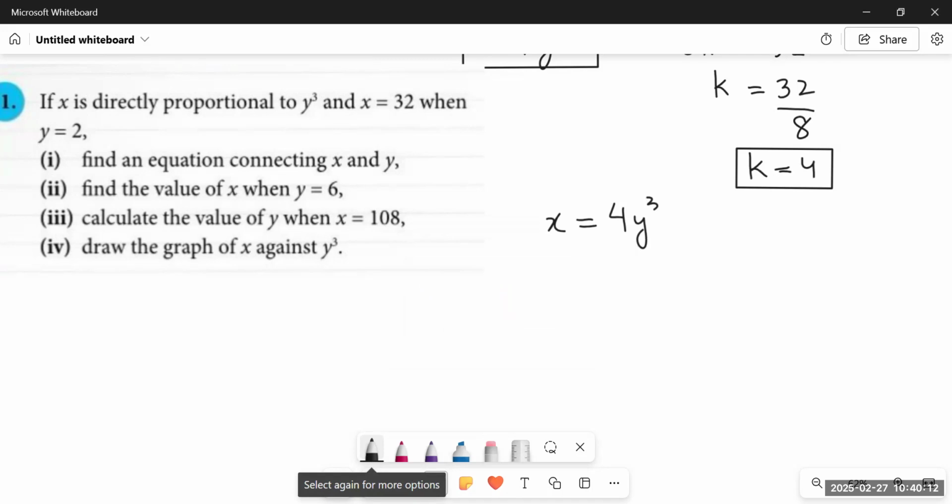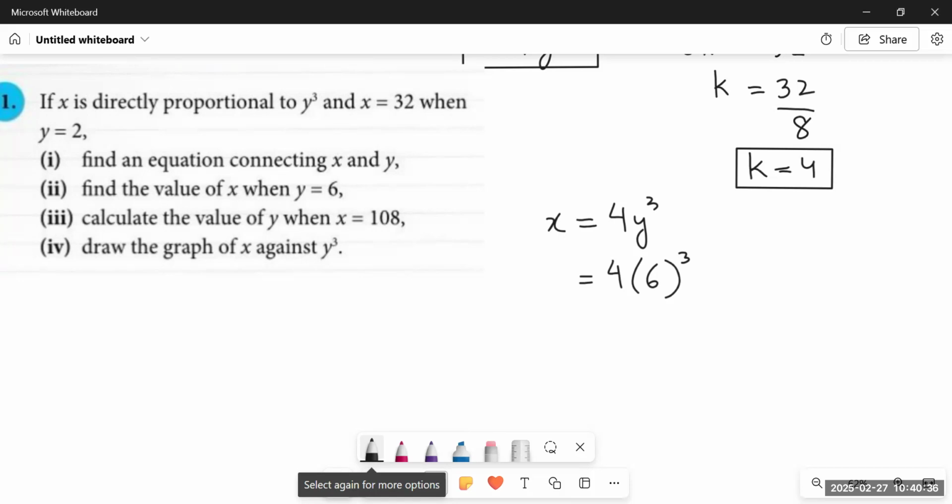Now, since the value of y is given, we are going to substitute the value of y as 6. But here something is very important: there is a multiplication between 4 and 6, and then there is a power over 6. So what are we going to solve first? We will not multiply 4 with 6 until we have found the cube of 6.